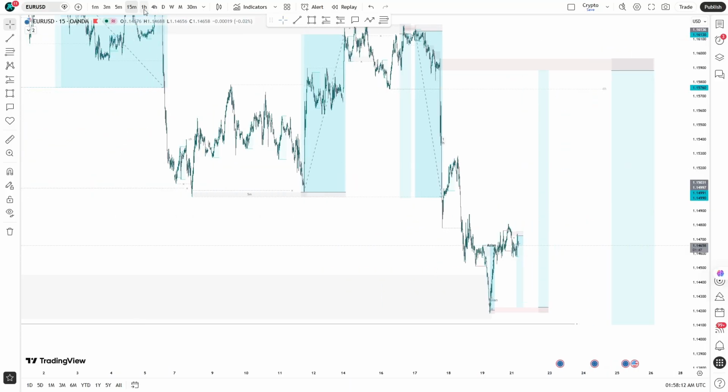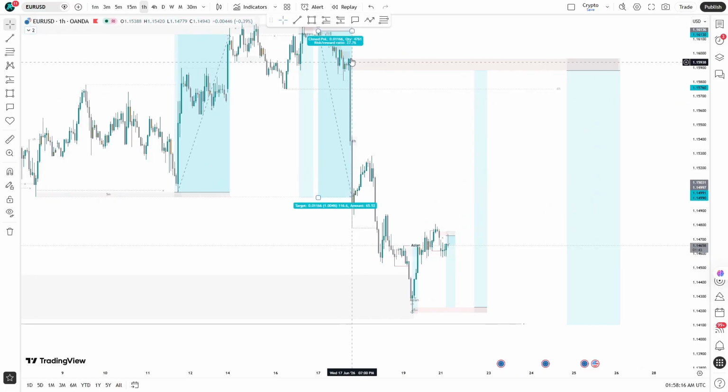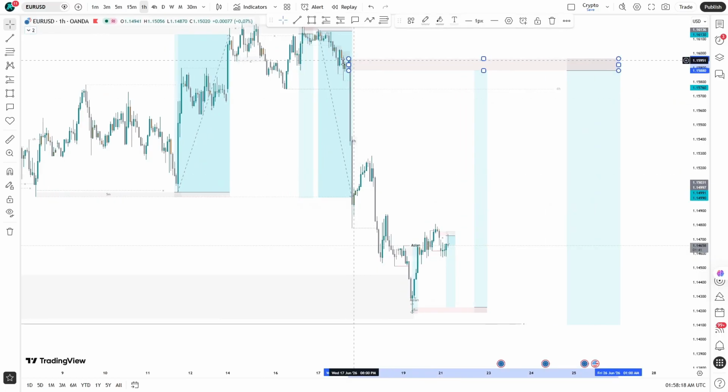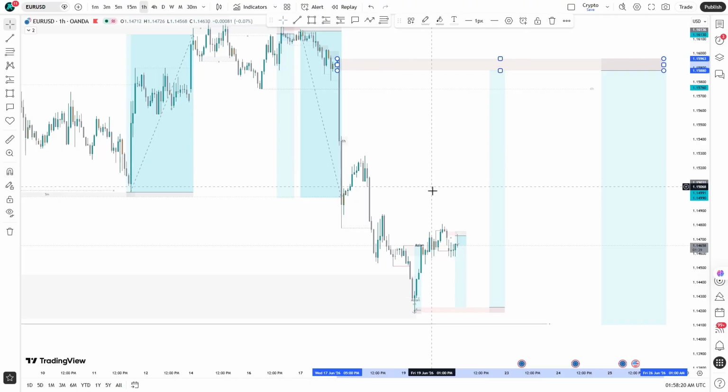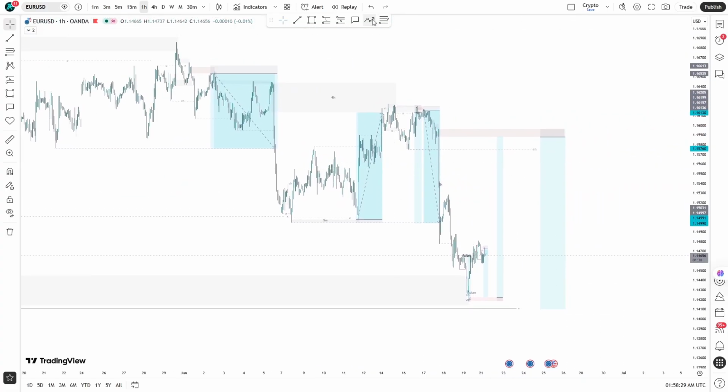So let me go up to a higher time frame. This is what the 1 hour supply looks like. There is a lot of imbalance that the market needs to go down to, and that place is in our discount zone.